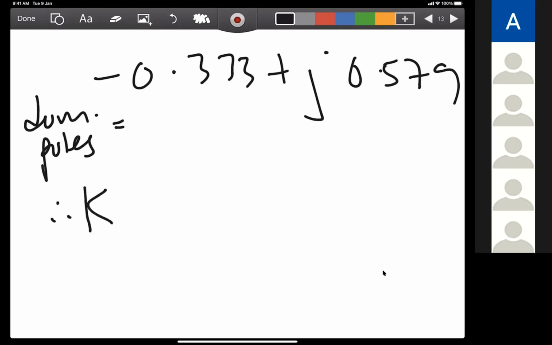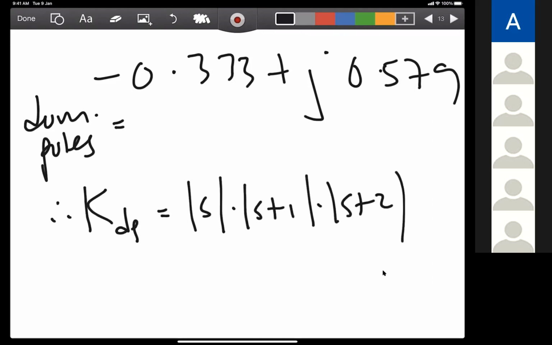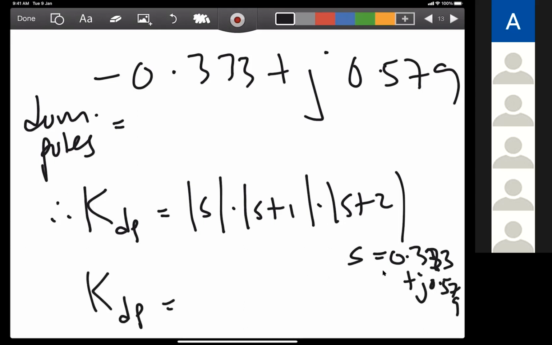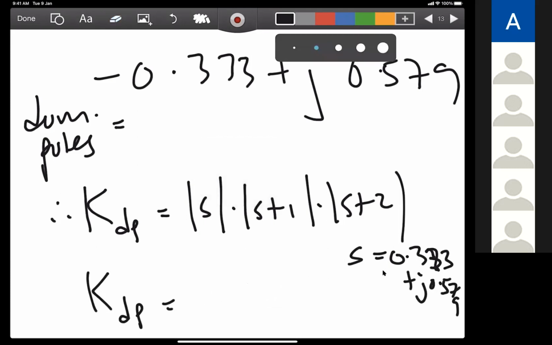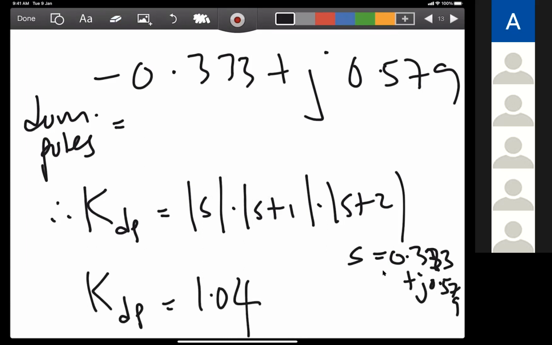And what is the gain for the dominant poles? Okay.